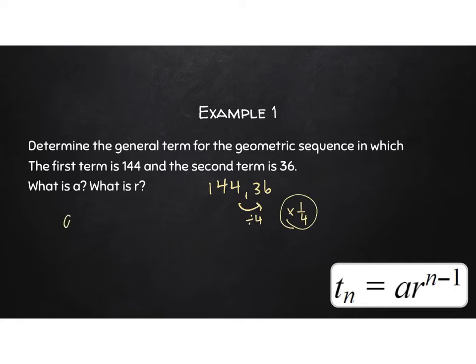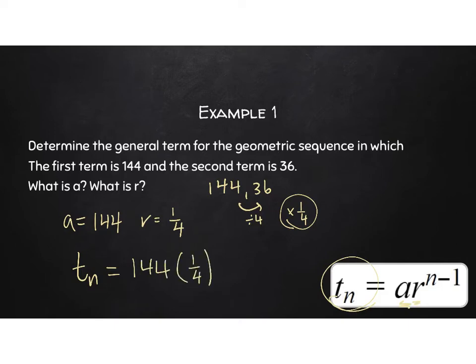So a then is the first term, 144, and r is what we multiplied by, so 1/4. The general term that I need to figure out then is Tn equals my a, 144, then my r, 1/4, to the n minus 1. That is the general term for this sequence.